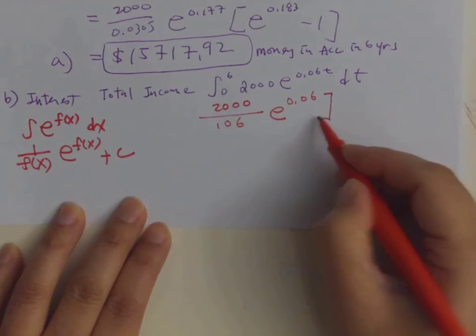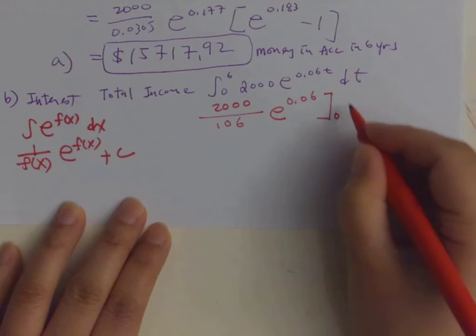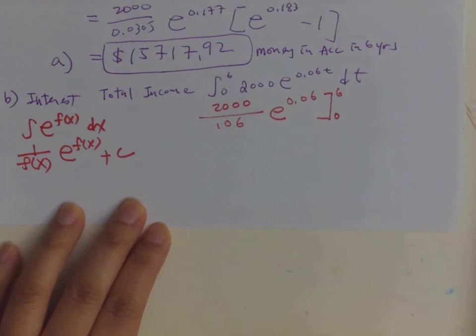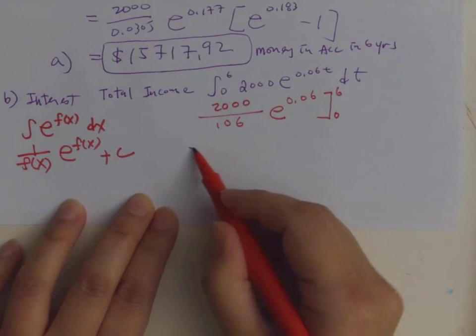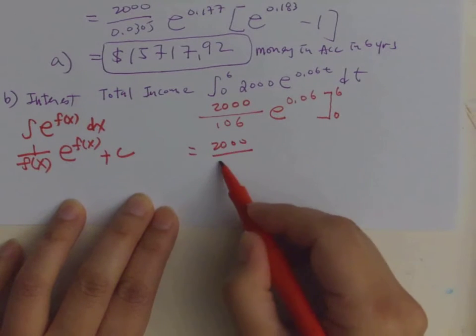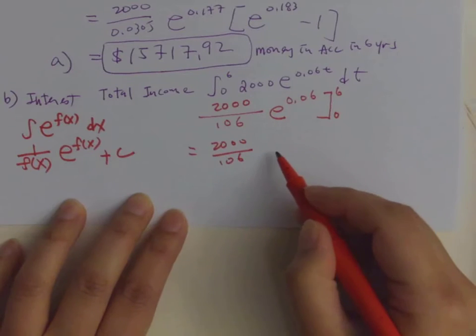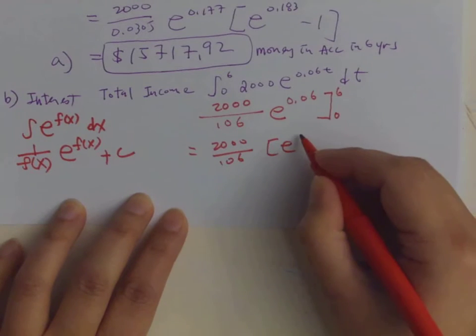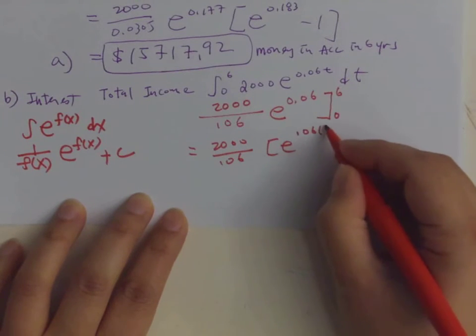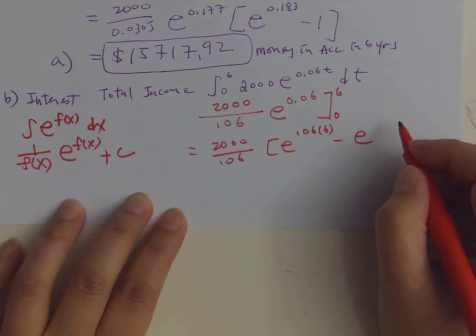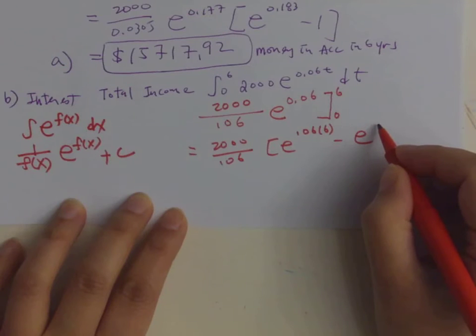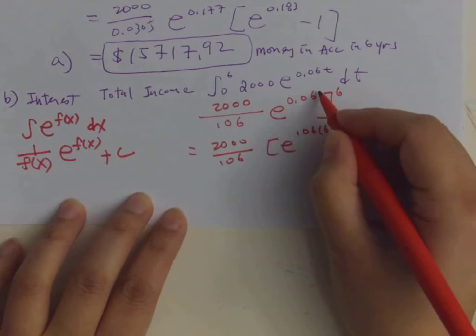Because I didn't change it to u, I can keep my original limits. So if I plug that in, this means 2000 over 0.06, and then e raised to 0.06 times 6 minus e to the... I'm sorry, this has a t here.